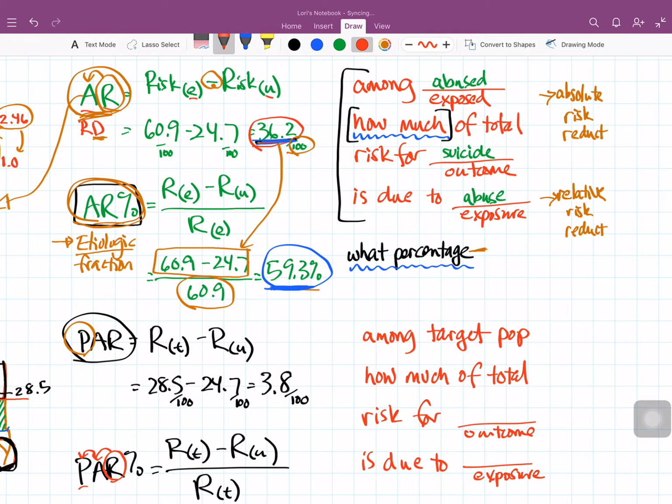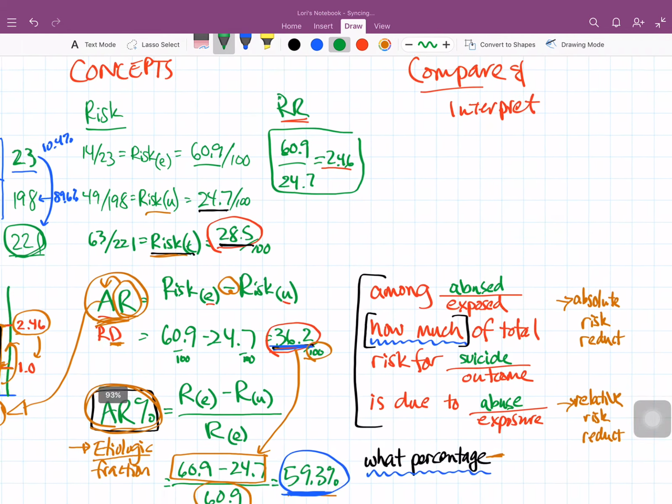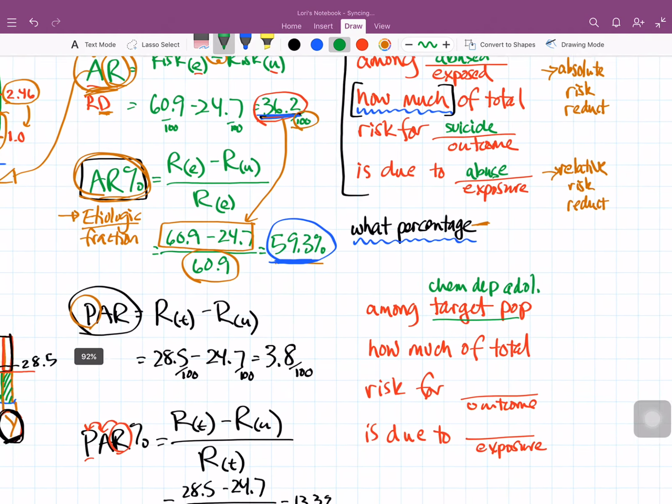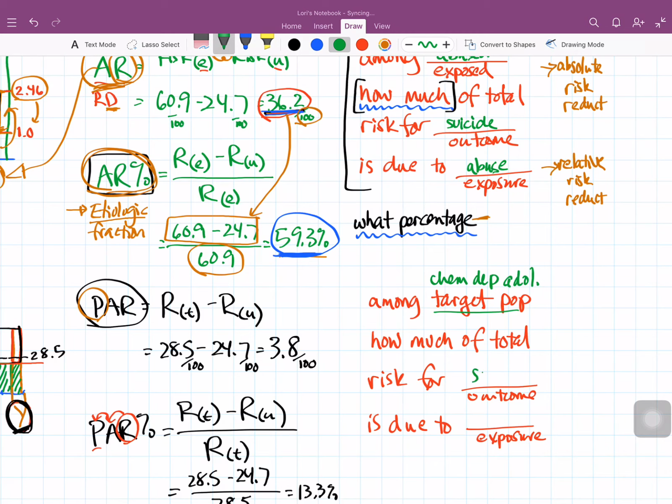Let's specifically make it for this group. Among chemically dependent adolescents, how much of the total risk for suicide is due to abuse or history of abuse? You would have to read the sidebar in the chapter to find out how these two were exactly defined. And so that is our population attributable risk.